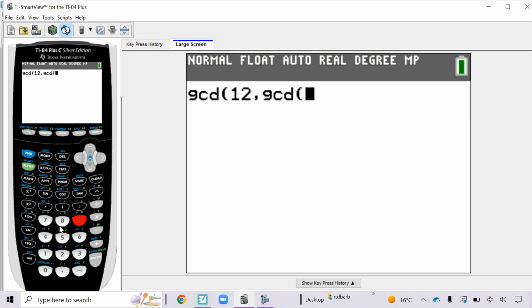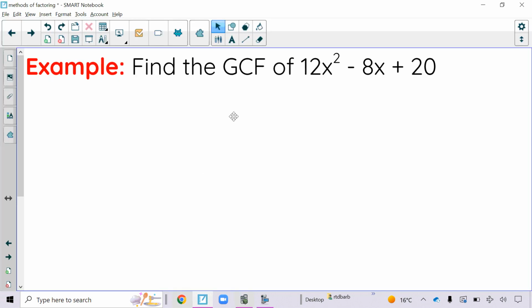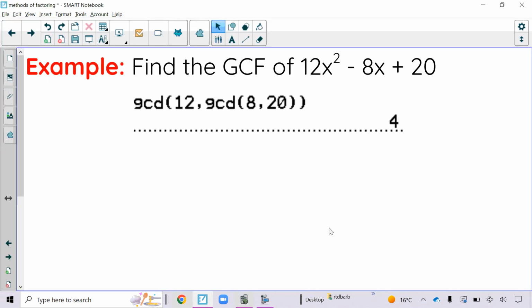So I go back over here and I go 8, comma, the comma again is above the 7, 20, and then close my little bracket, close my big bracket, and press enter, and I get 4. So I can see whether I use the calculator or listing out the factors, I get the greatest common factor of 4. So what do you do with that?